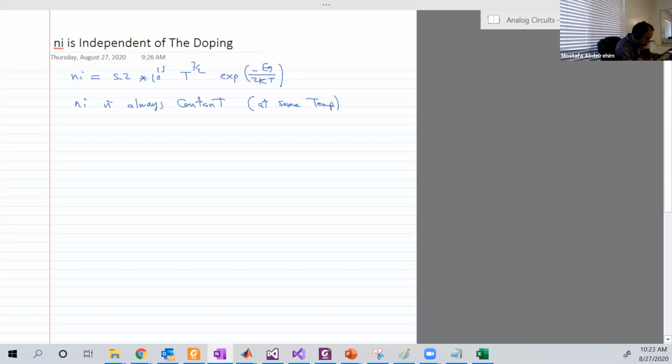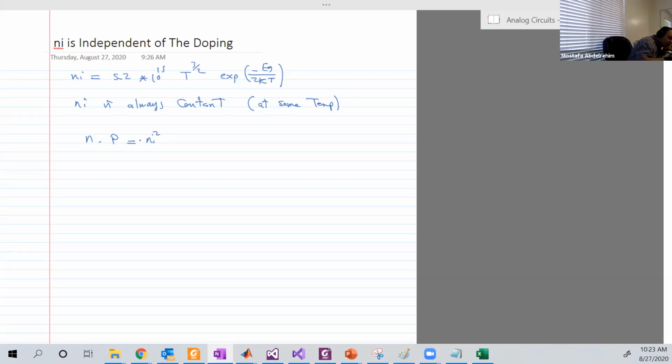Okay. There is a famous proof that says that N multiplied by P equals Ni squared. If you review some solid state textbook, you will find this famous proof. In intrinsic silicon, this is very easy.